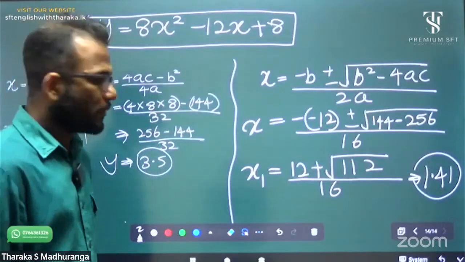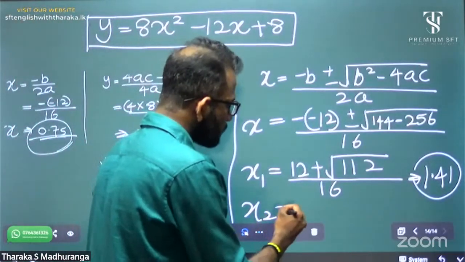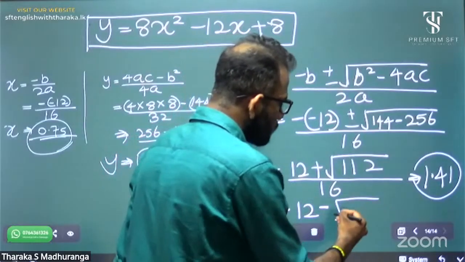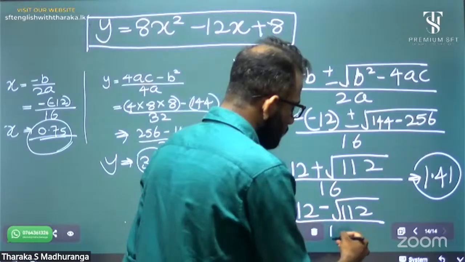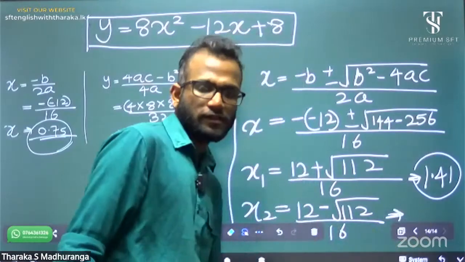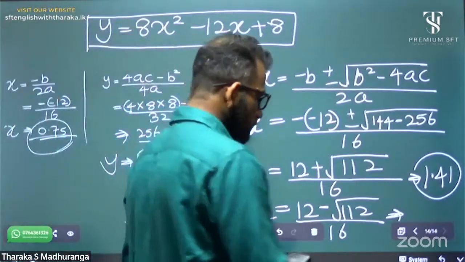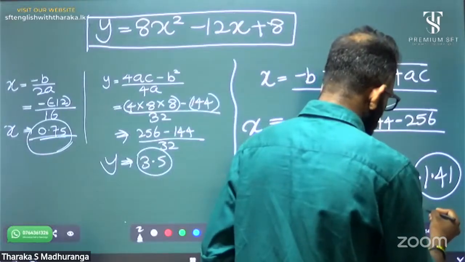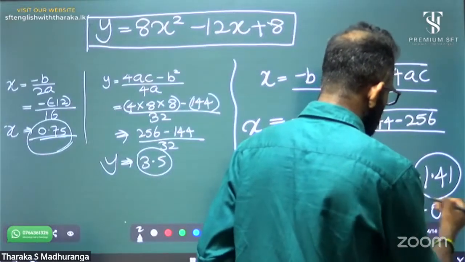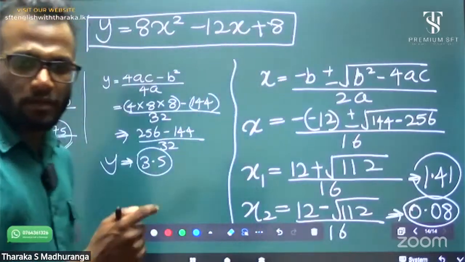Now the second x-axis cutting point: 12 minus square root 112 over 60. Very small value, 0.08.